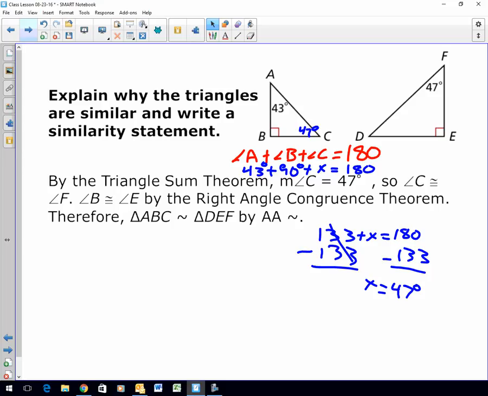Voila. All right. Look how they write it here. By the triangle sum theorem, the measure of angle C is 47. That's all that nitty-gritty work that we just did. So angle C is congruent to angle F by definition or the right angle congruence theorem, angle B is congruent to angle E. Therefore, triangle ABC is similar to triangle BDF by the angle similarity postulate.